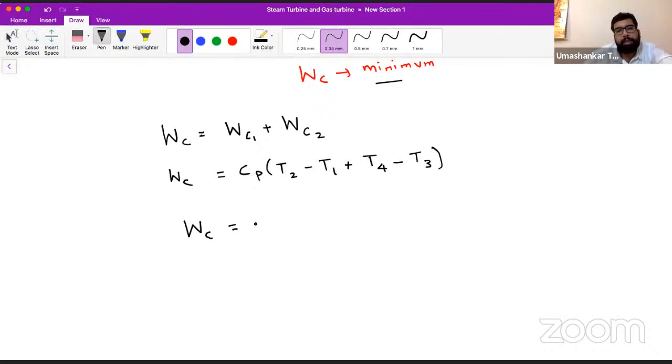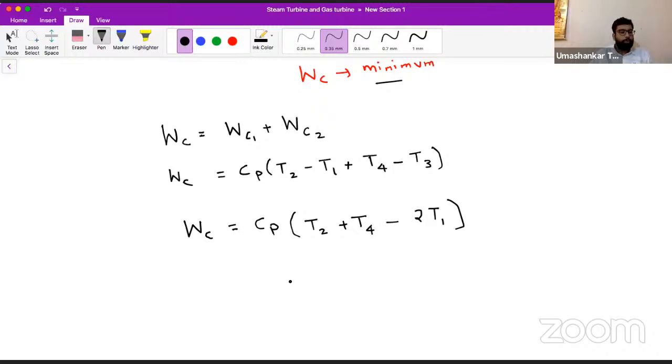Firstly, T3 and T1 are equal. So can we write it like this: T2 plus T4 minus 2 times T1? Is there any problem? There is no problem.